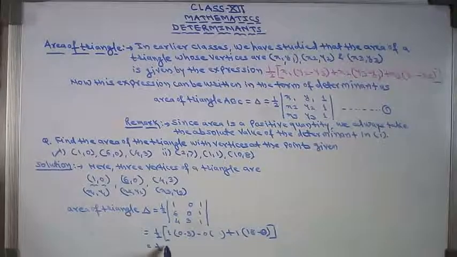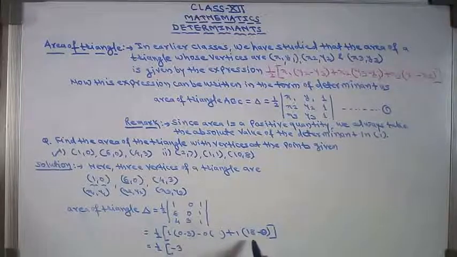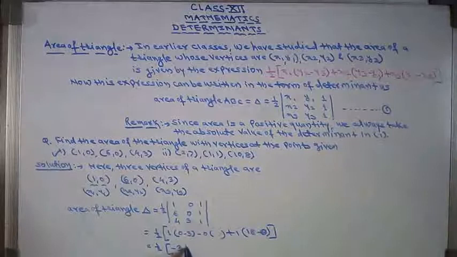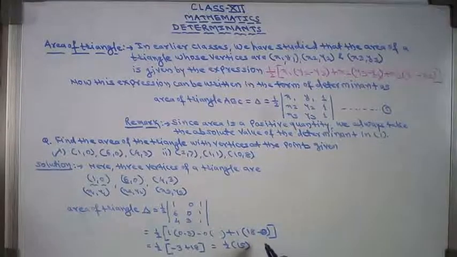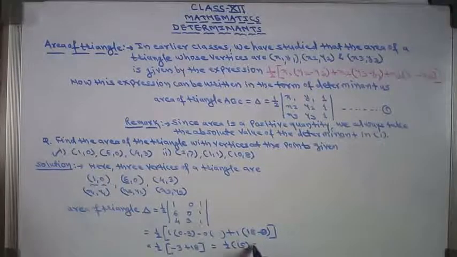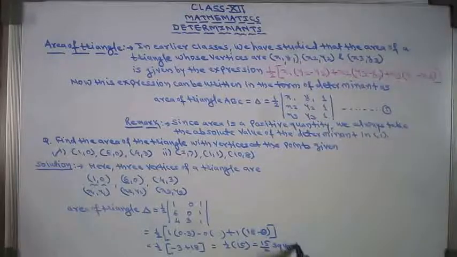So half into bracket: this is minus 3, this is 0, and this is plus 18. That is half into 15. So this is 15 by 2 square unit.